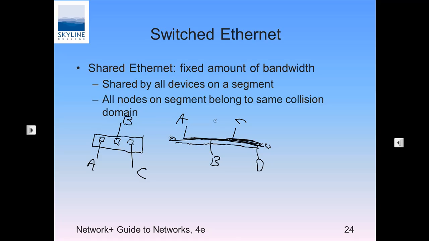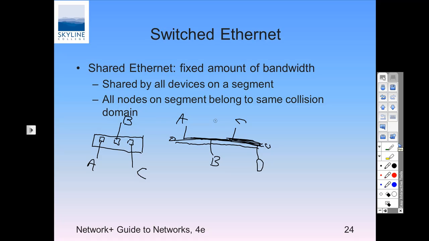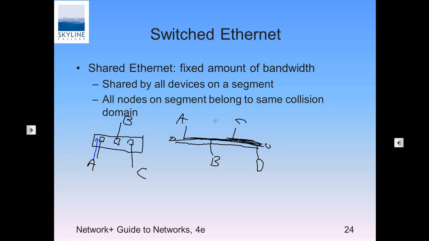Okay? In a switch, let me try a different color here, see if I can get these things separate a little bit. The first thing, we go into the switch to send traffic, and we want to go from A to C. Well, these things create an address table of the MAC addresses.